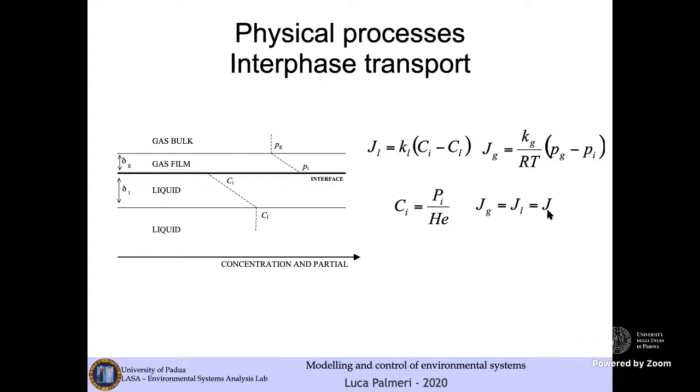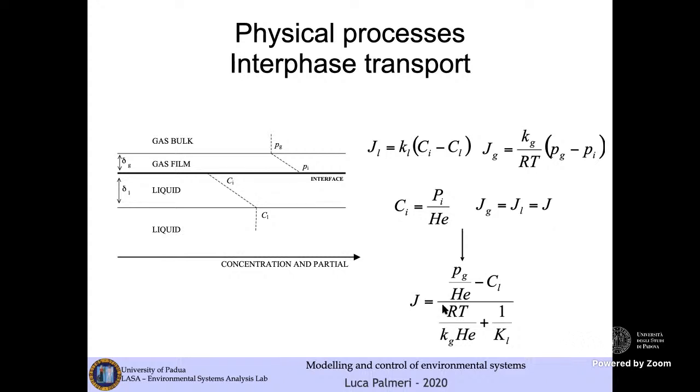You know that if we are in steady state conditions, so conditions in which the flow in one direction is equal to the flow in the inverse direction, you can simply employ J for describing this flow.